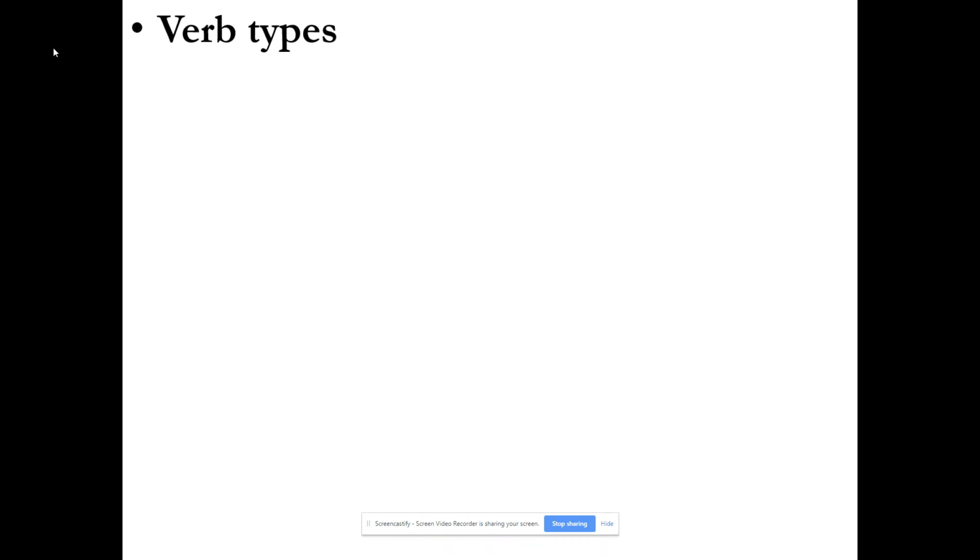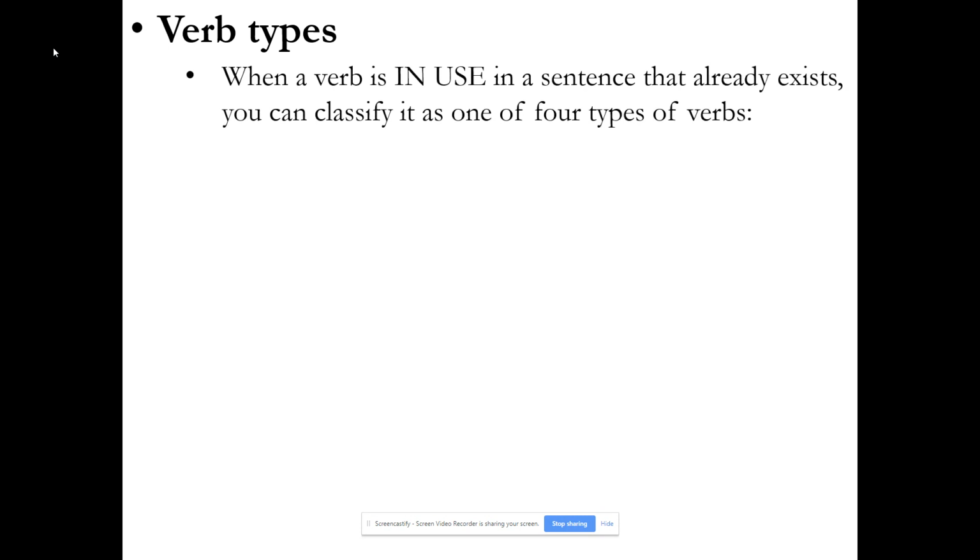So we can now jump into the verb types. Typically, we talk about verb types only in sentences that already exist. Now, when I assess you on this grammar topic and on the other grammar topics, I will not just give you one verb and ask whether the verb to give is one of these types. I'm not going to do that.